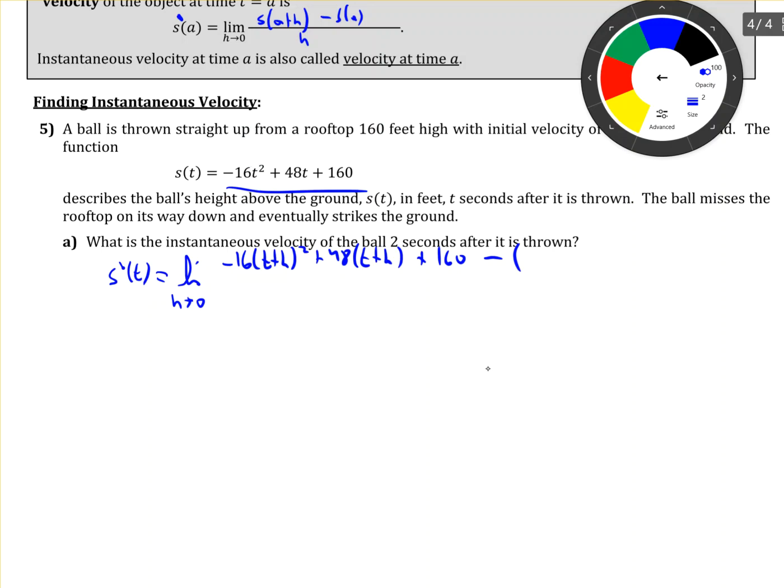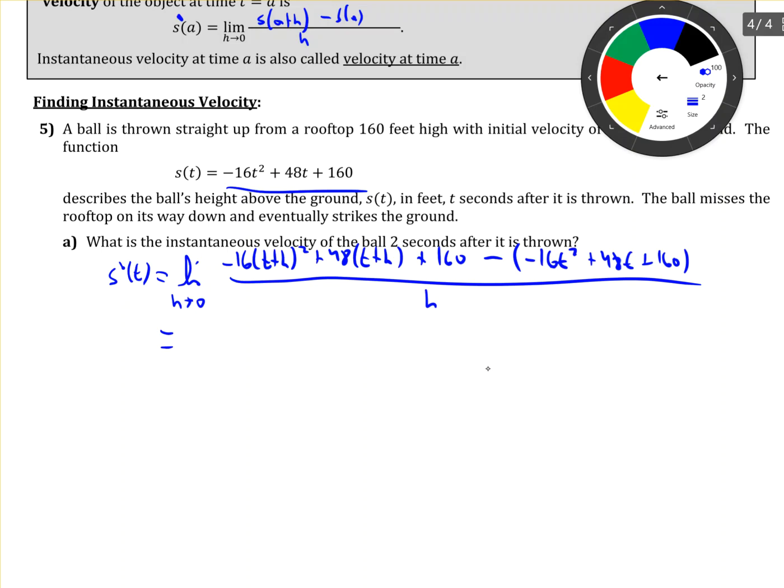It's a little bit tougher algebraically at first when we're not too confident about it, but eventually, once you do enough, they're basically the same difficulty. So I subtract the original function, negative 16t squared plus 48t plus 160, all over h.